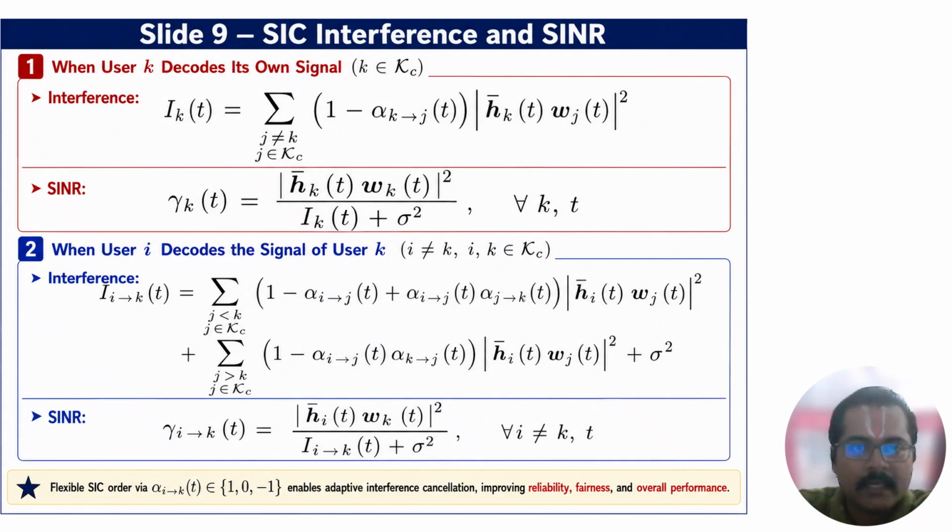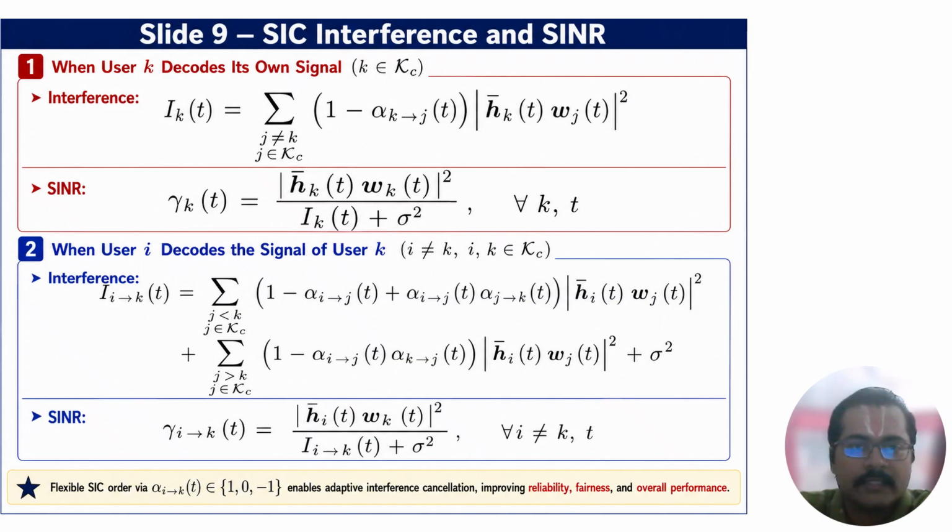So let's see SIC interference and signal to interference noise ratio. When user k decodes its own signal, following the decoding order, the signal is normalized, that's why s is removed. You have the received signal, and this is the interference.